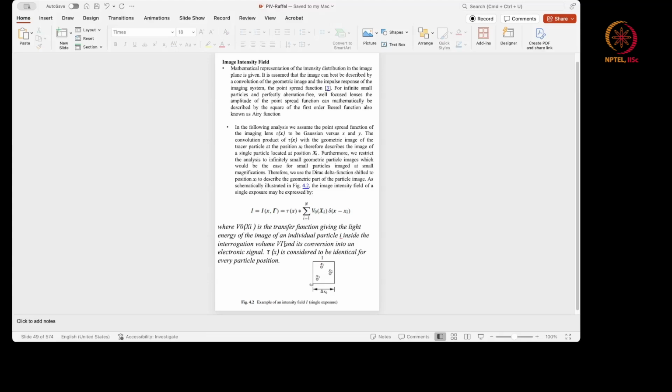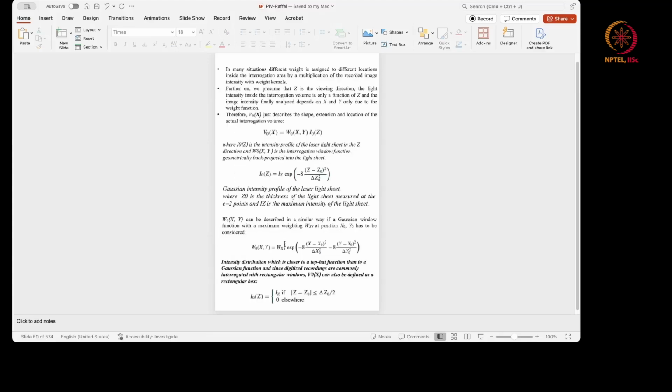All right. So in many situations, we assign different weights to different locations inside the interrogation window by multiplication of the recorded image with a kernel, or weighted kernel basically. So we assign different weights at different points in the interrogation window.